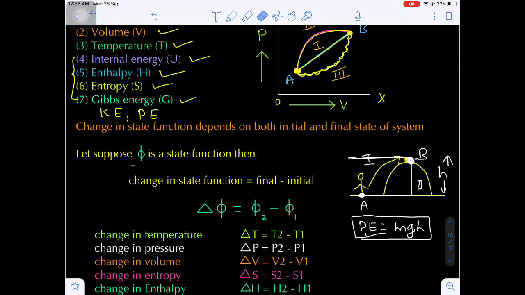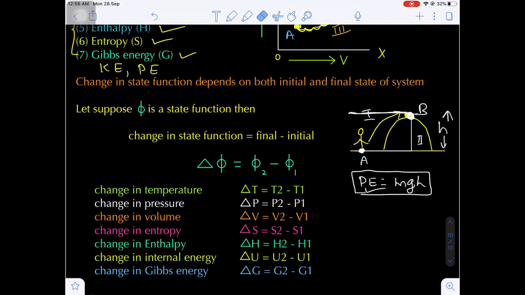Let's suppose phi is a state function, then what will be the change in the state function? Nothing but the final value minus the initial value. So the change in the state function, delta phi, is equal to phi 2 minus phi 1, where phi 2 is the final state function value and phi 1 is the initial state function value.